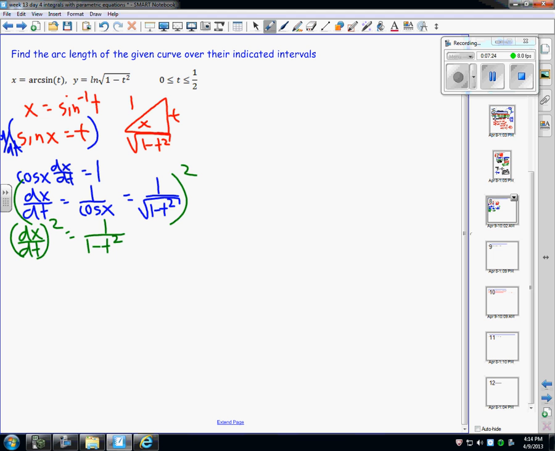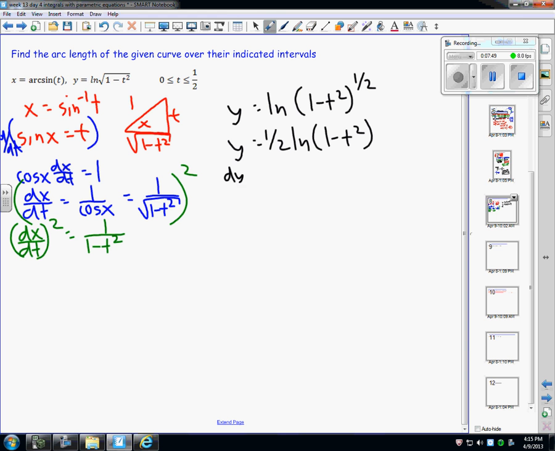So that's that guy. Let's see if I can do some manipulation of the other guy. I got y equals ln of (1 minus t squared) to the 1/2. Square root is the same as to the 1/2. I'm going to drop that 1/2 for a second because it will make it easier on us when we solve. Remember, with natural logs, you can pull the exponent down.